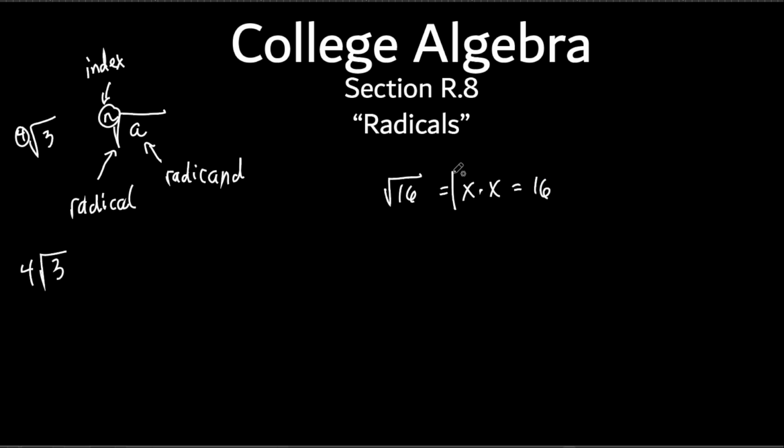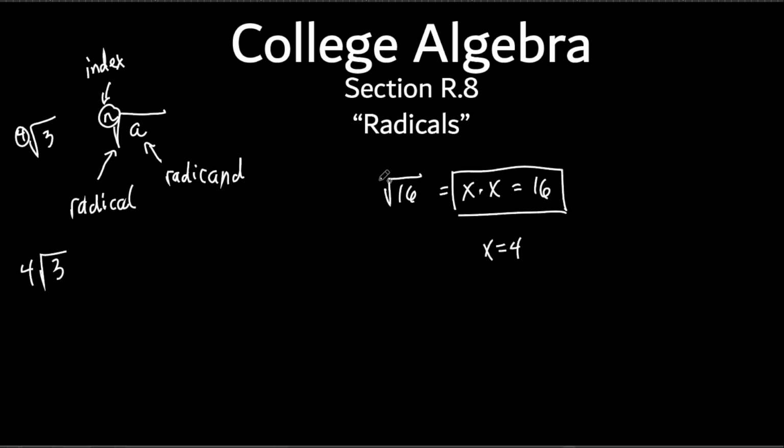I shouldn't put it equals right there. This is what I should do. What number times itself? Not just one number times anything else. The same two numbers multiplied together have to be 16. So x has to be 4. The square root of 16 is 4. Now, we could put a little index.